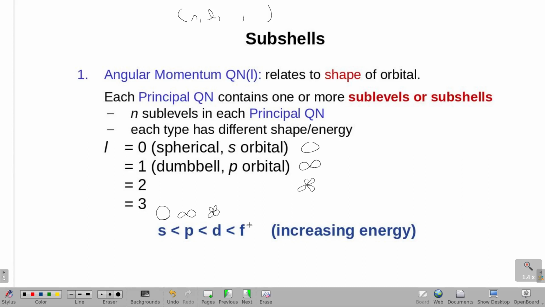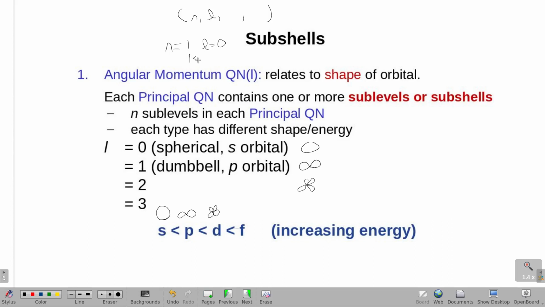But these shapes are what we get when we actually start to modify the orbital. Now, what's interesting, we don't get all of these for every single shell. What I mean by that, when our n equals 1, for instance, there can only be 1 of these, and it's the simplest one. So when n equals 1, there is only l equals 0. So there's just these s orbitals.